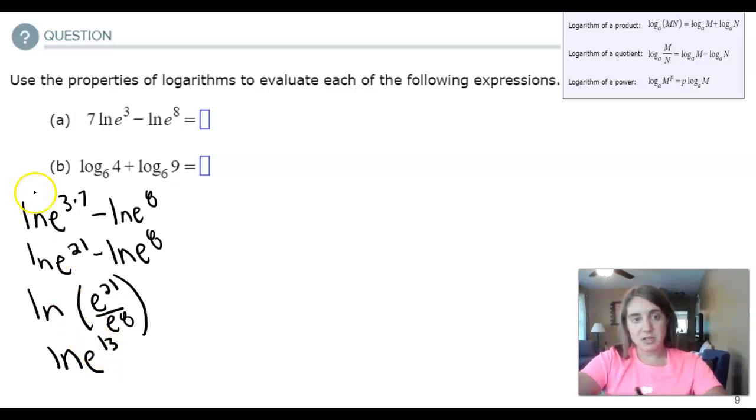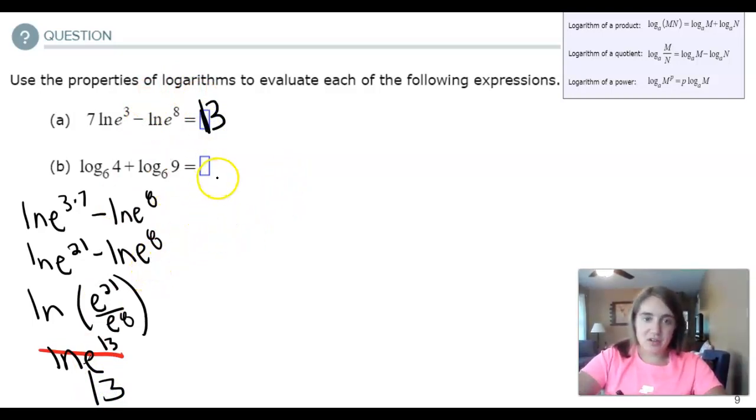Becomes e to the 13. I can think of it, I know ln and e cancel out, and I just end up with a 13. Or you can try it a different way.